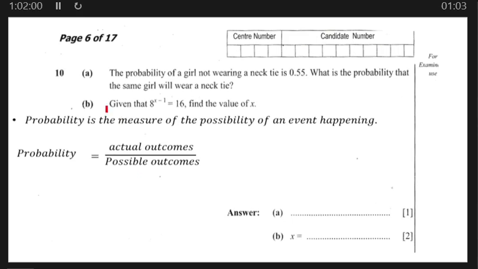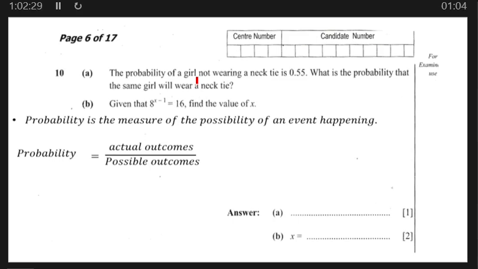So in this case of a girl, the probability of a girl not wearing a necktie is 0.55. What is the probability that the same girl will wear a necktie? So a girl can either wear a necktie or not wear. So in relation to wearing or not wearing a necktie, there are two possible outcomes here.